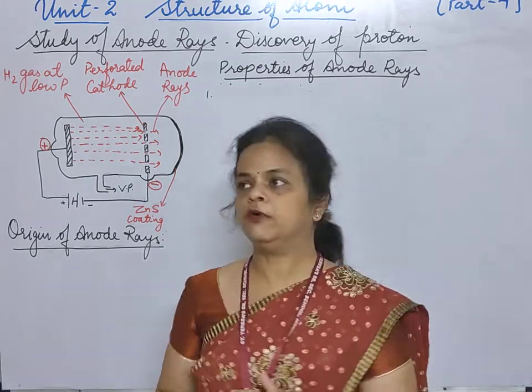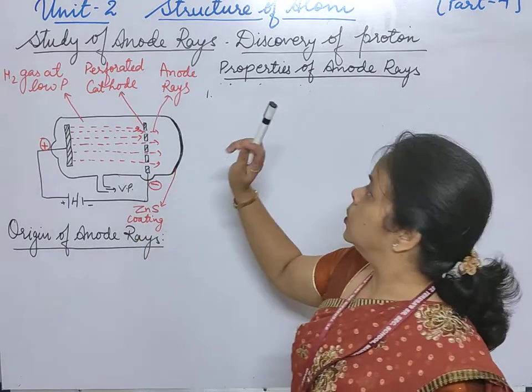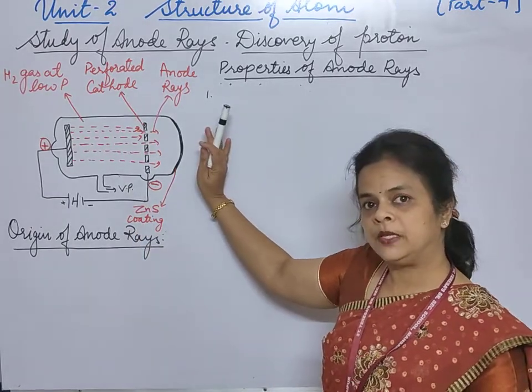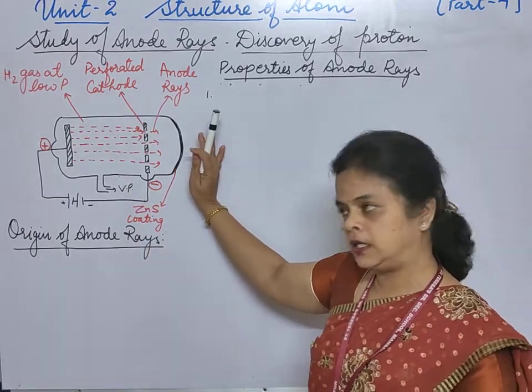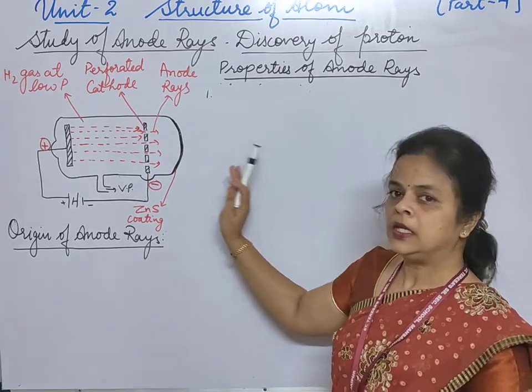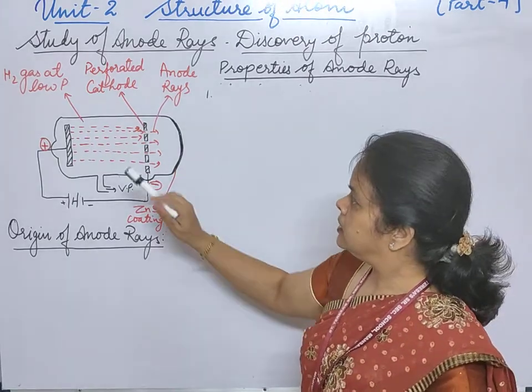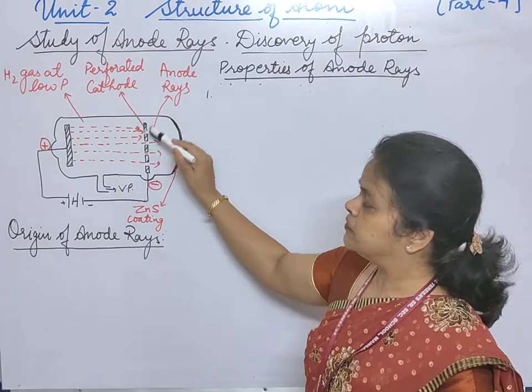So Goldstein again performed the discharge tube experiment, and in this discharge tube he made slight changes and took a cathode which was perforated.